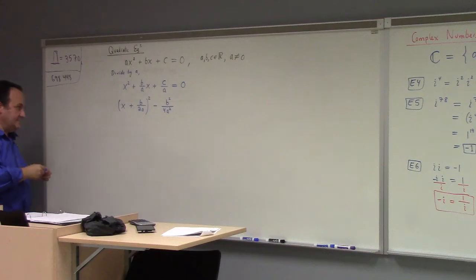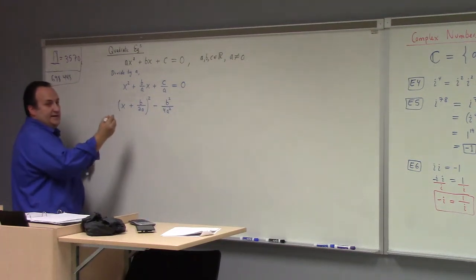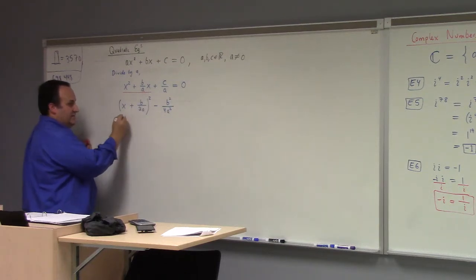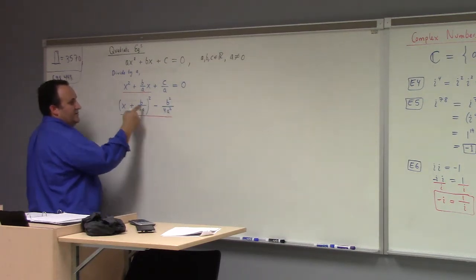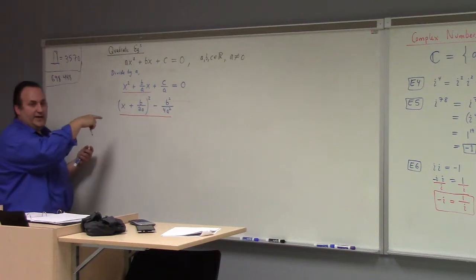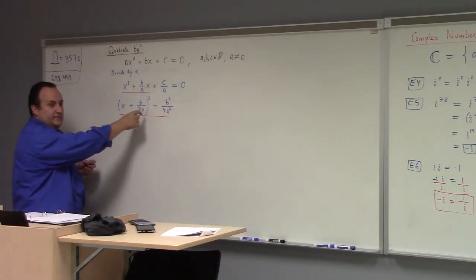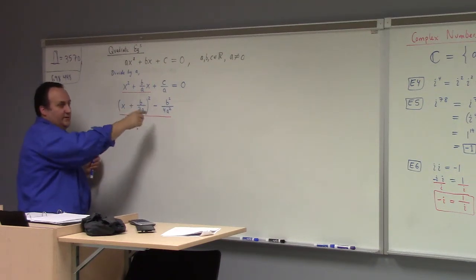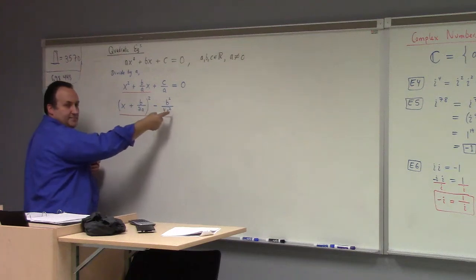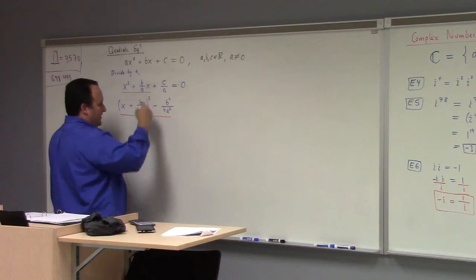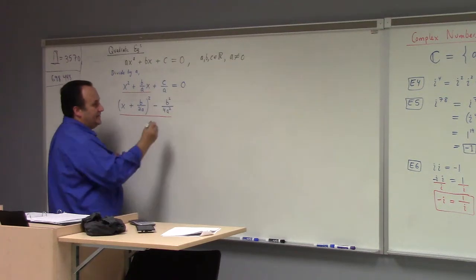So what I've just done is traded these two terms for these terms. If you FOIL this out, x plus b over 2a squared, you get back x squared plus b over a times x, because you get a half plus a half is 1, and you get an extra term: b over 2a quantity squared, which, to be fair, I have to subtract here. And then there's still the c over a there, so I still have to add c over a.